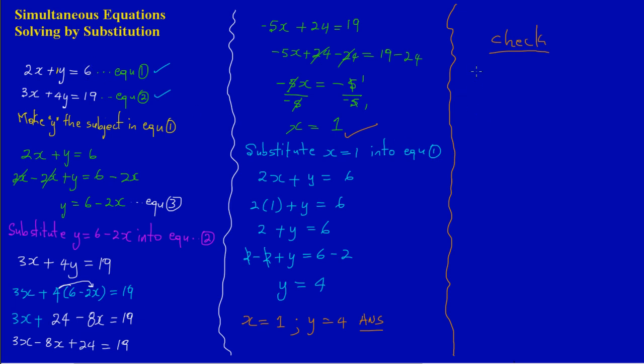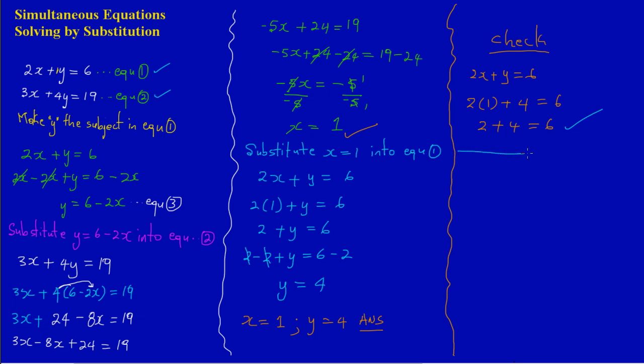So equation 1 says 2x plus y must be equal to 6, and x is 1, so I can substitute, saying 2 ones are 2, plus y is 4. 2 plus 4 is equal to 6. So there you have your solution. That would be correct because you have tried it in equation 1, and it works.